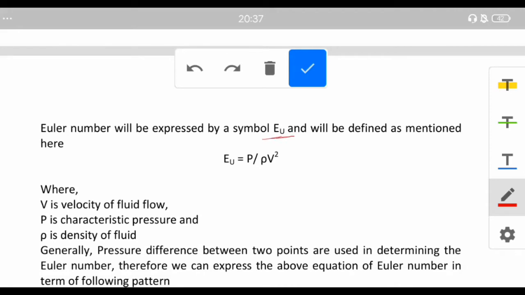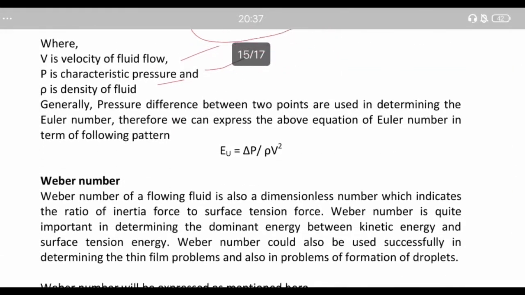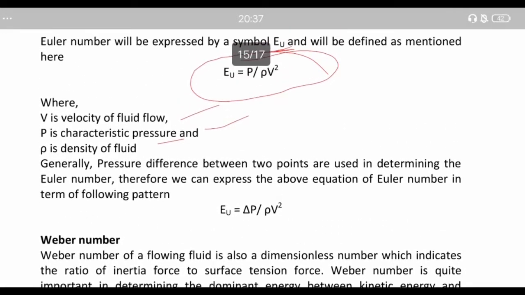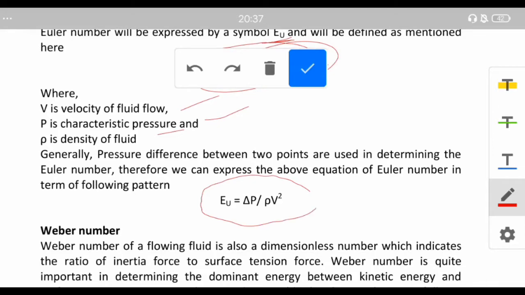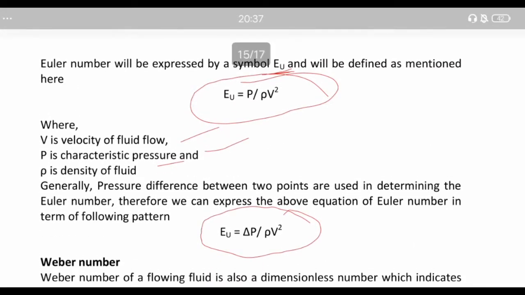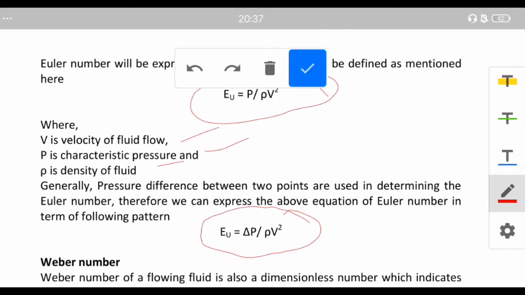Eu is the Euler number, and it is P upon rho V square, where P is the characteristic pressure, V is the velocity, and rho is the density of the fluid. Also, if there is a change in pressure, you can write delta P in place of P. So the equation will become delta P upon rho V square.